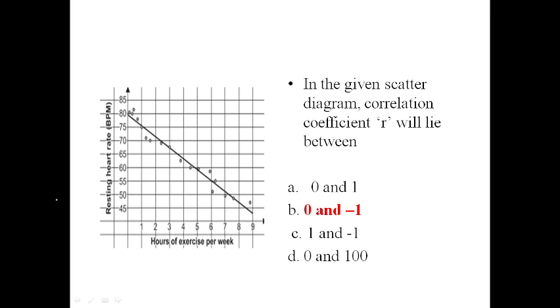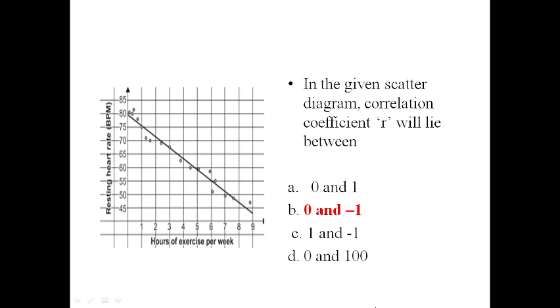So the answer is 0 and -1. -1 means a perfect straight line with a negative slope, and +1 means a perfect straight line with a positive slope. So you have to keep in mind negative slope and positive slope. This diagram shows a negative slope, so the correlation R will be between 0 and -1.